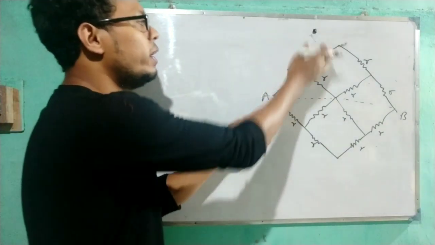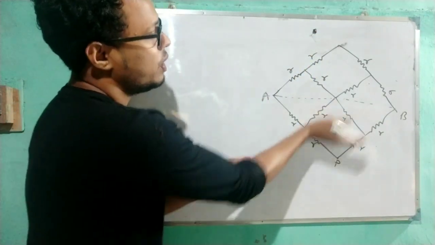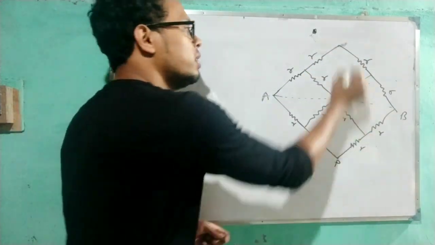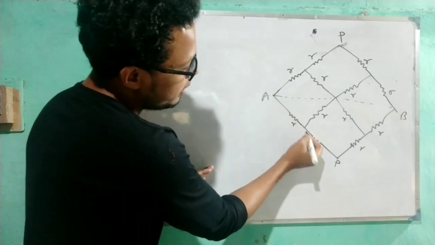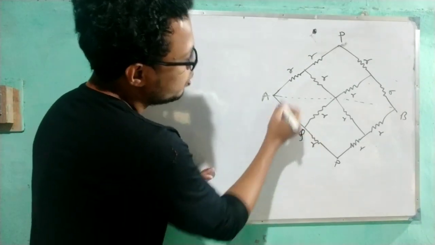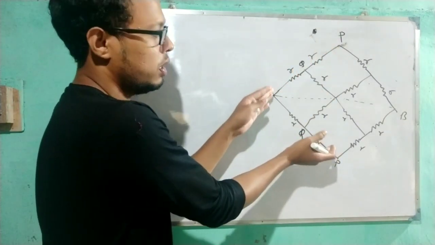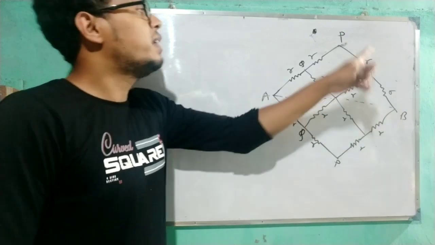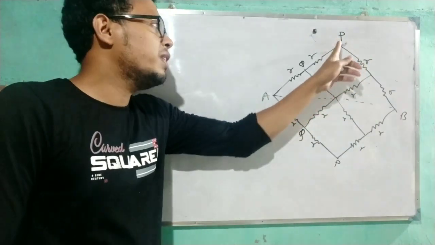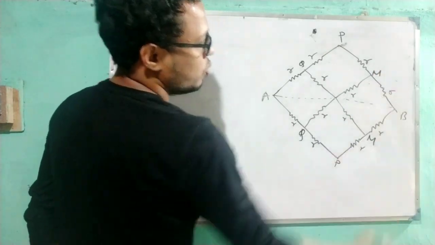If I fold it, suppose this is P, this point will fit with this point, so this point will also be P. Similarly, if this point is Q, this point will also be Q. I am folding it across A and B, so obviously this point will fit with this point. That's why I have written this point is P. And here it is M, so this point will also be M.